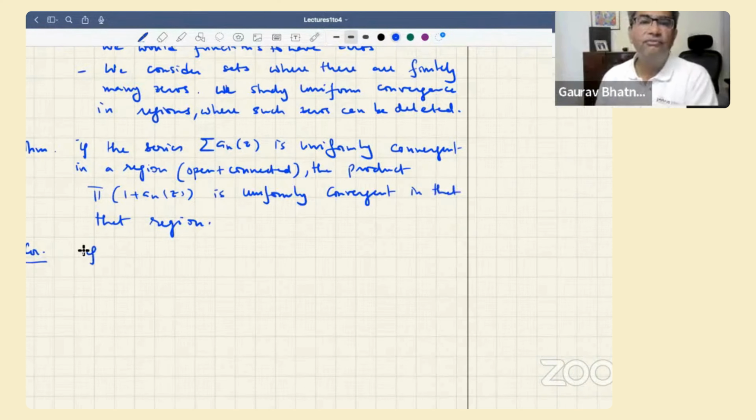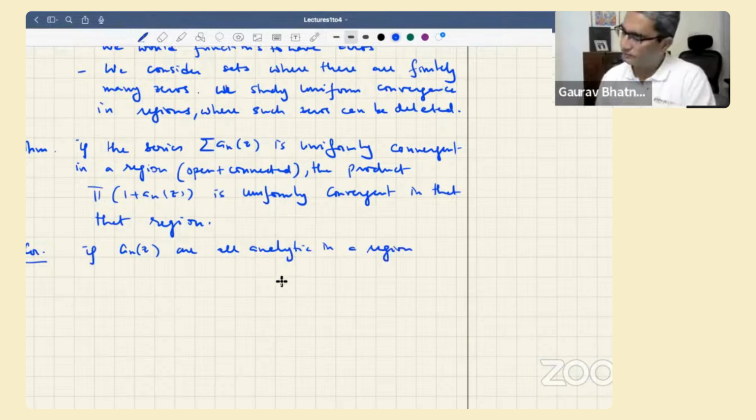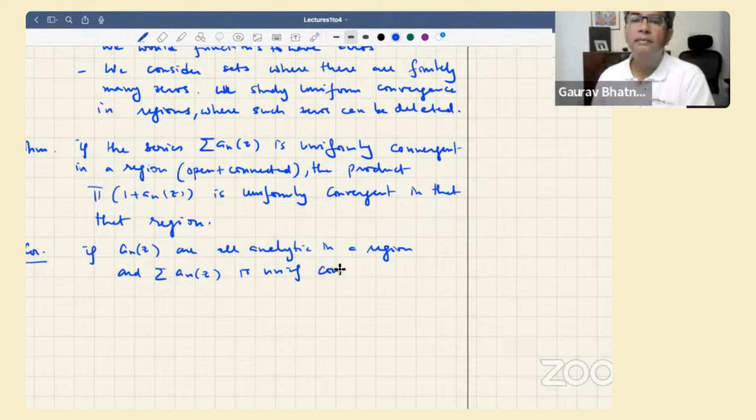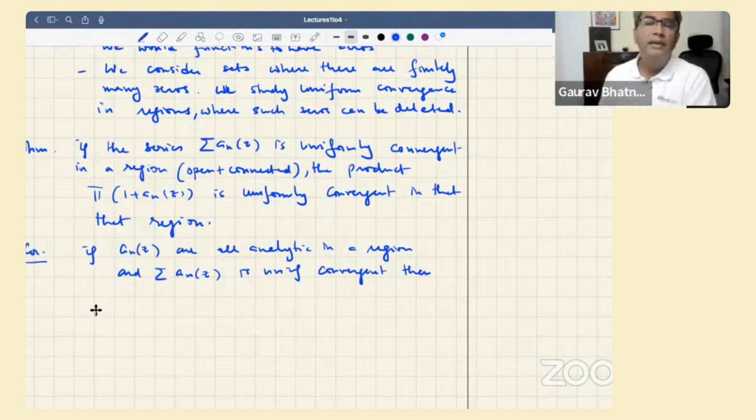Now, if the a_n(z) are all analytic in a region and summation a_n(z) is uniformly convergent, then the product of 1 plus a_n(z) is an analytic function.